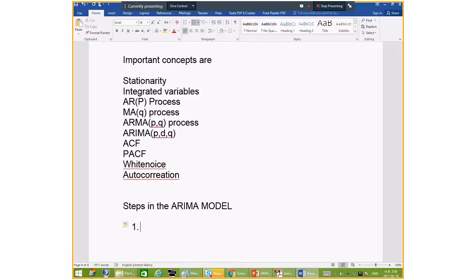The first step in the ARIMA model is model identification. For model identification, what you need to do is check the autocorrelation function, ACF.